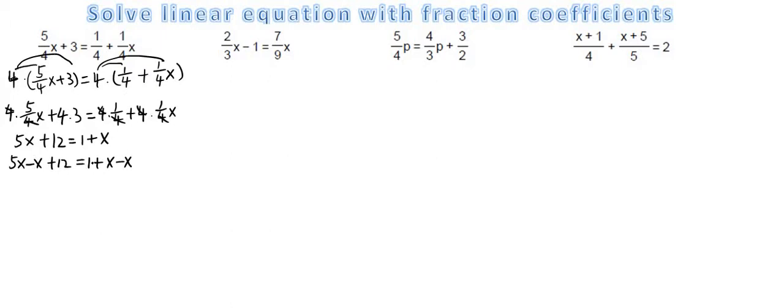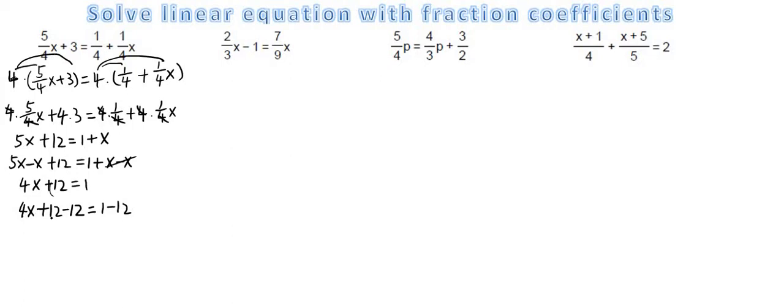Okay, now here we cancel out, and here we have 4x plus 12 equals 1. On the left hand side, we can see the constant 12. We want to remove it, so we're gonna subtract 12 for both sides.